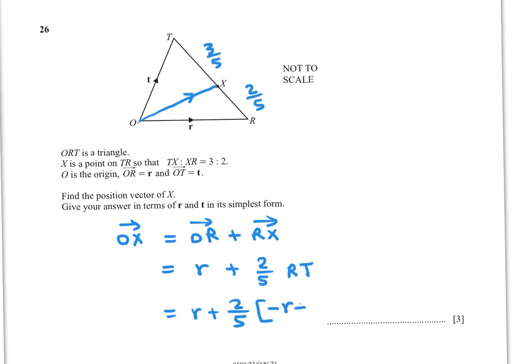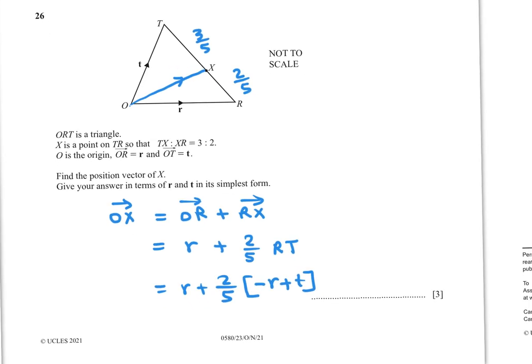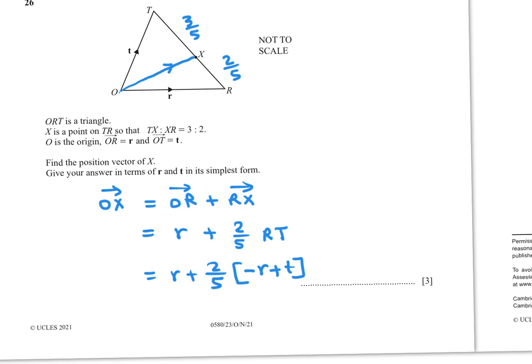Now we need to expand. 2 over 5 times negative r, so negative 2 over 5 r, and 2 over 5 times t, so 2 over 5 t. Combine the like terms. We have 1 r minus 2 over 5 r, so the answer is 3 over 5 r plus 2 over 5 t.